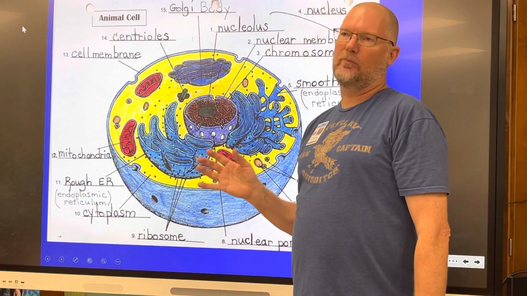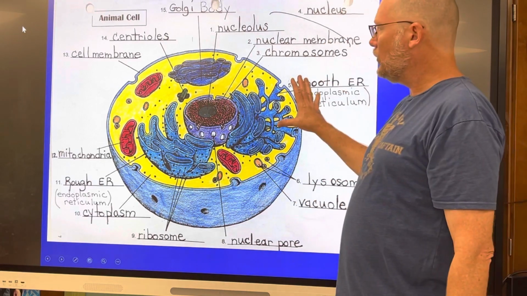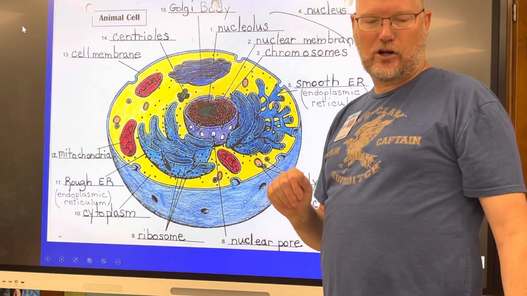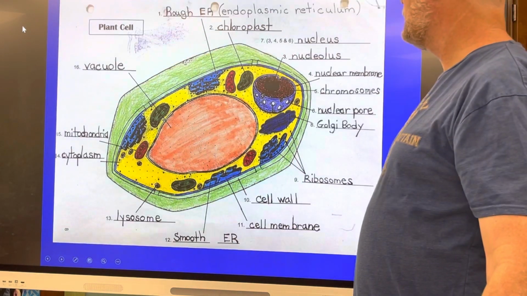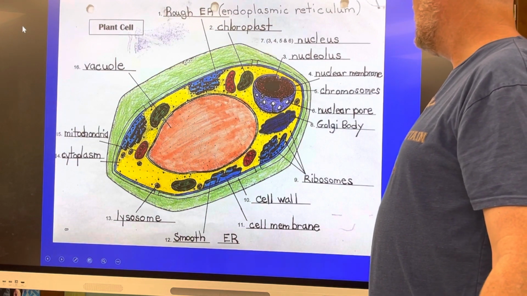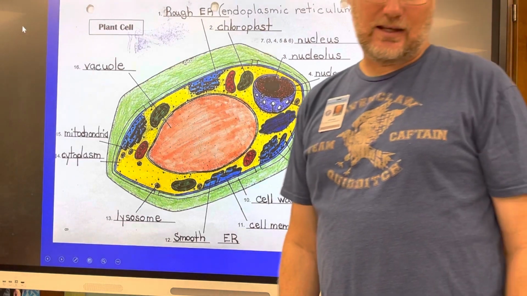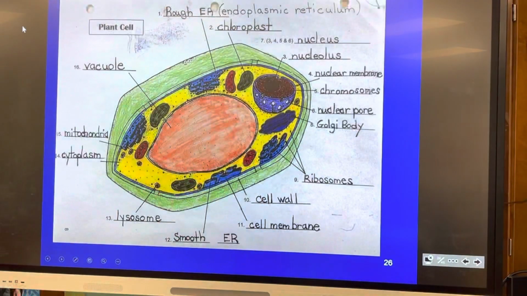And this is one way to do it. So in the end, it should look like this, except maybe even prettier. And then your plant cell should look something like that. Just use the proper colors. And that's it. So get started on that artwork.